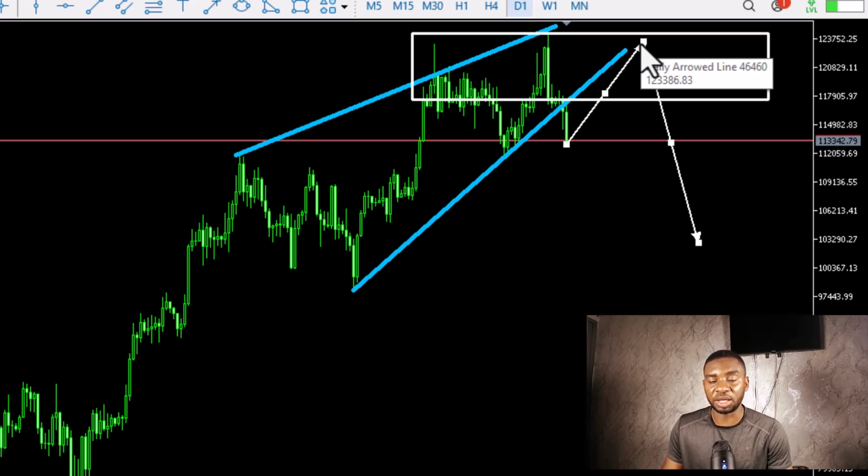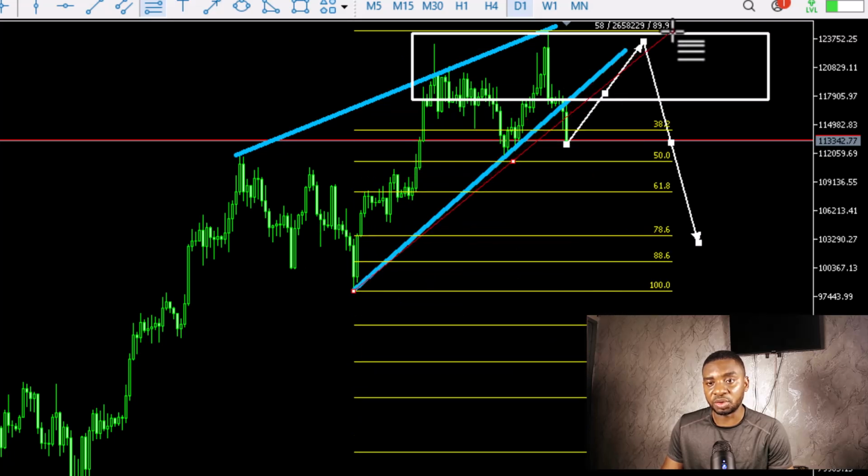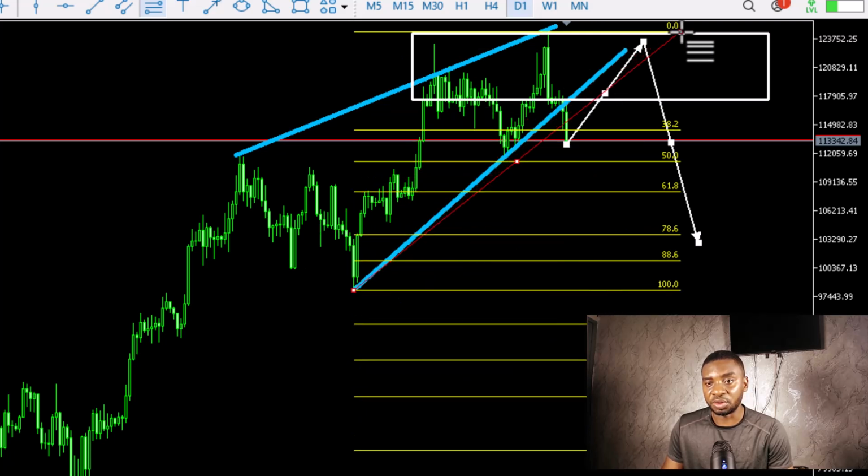How do we take profit? This is how I mark my profit point. From this swing low here, I measure to this swing high using Fibonacci retracement, and at this point I would like to take profit.